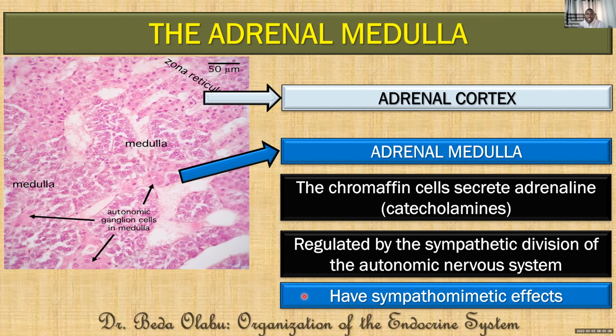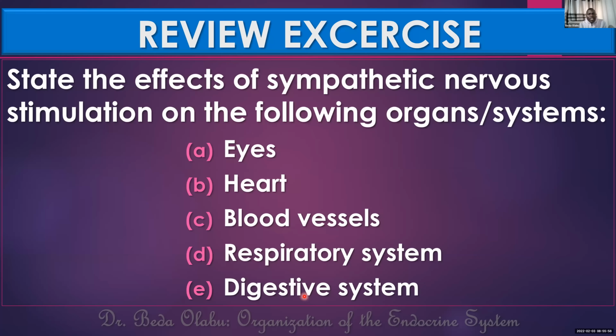So it is stimulated by the sympathetic nervous system to augment the functions of the sympathetic nervous system. We can therefore say that adrenaline or catecholamine has sympathomimetic effects, biological effects that mimic the sympathetic stimulation. You can think about those ones.